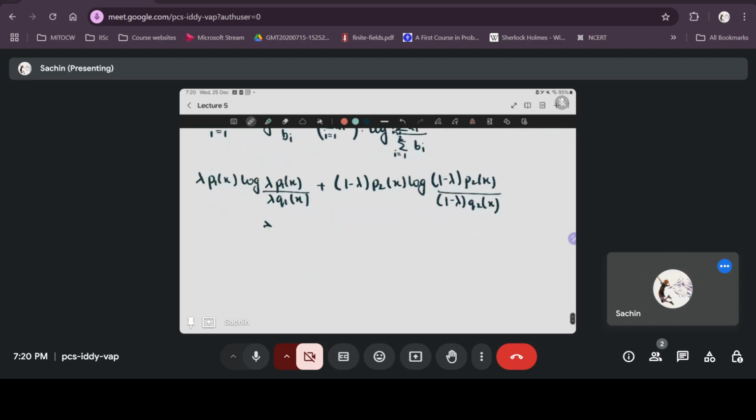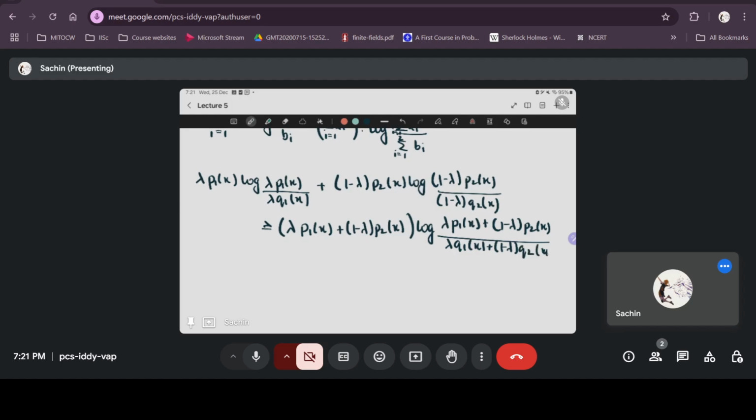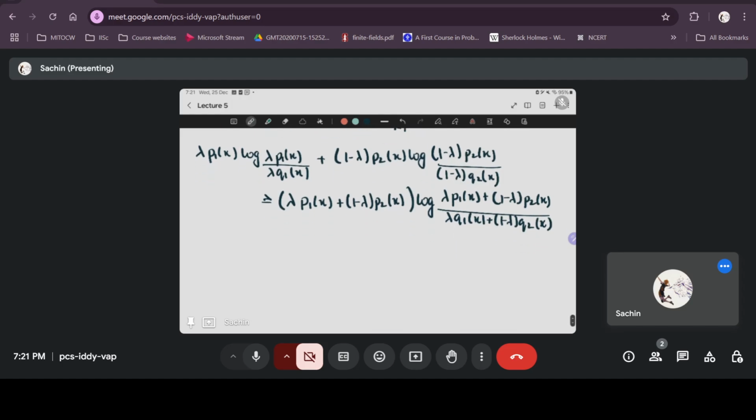This is greater than or equal to summation of ai, which is lambda P1 of x plus 1 minus lambda P2 of x, times the log of summation of ai divided by summation of bi.